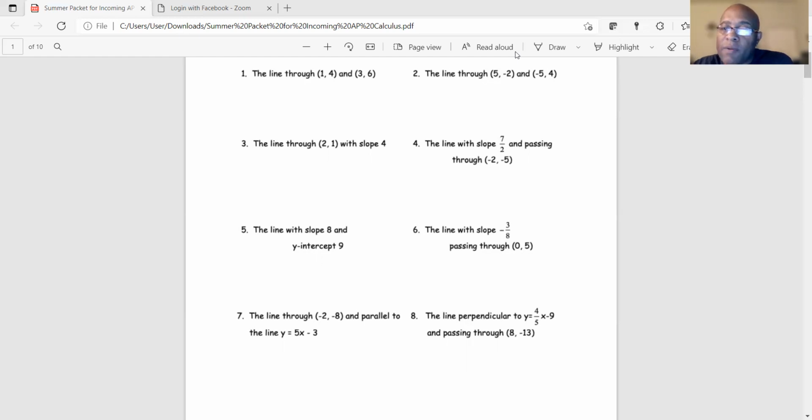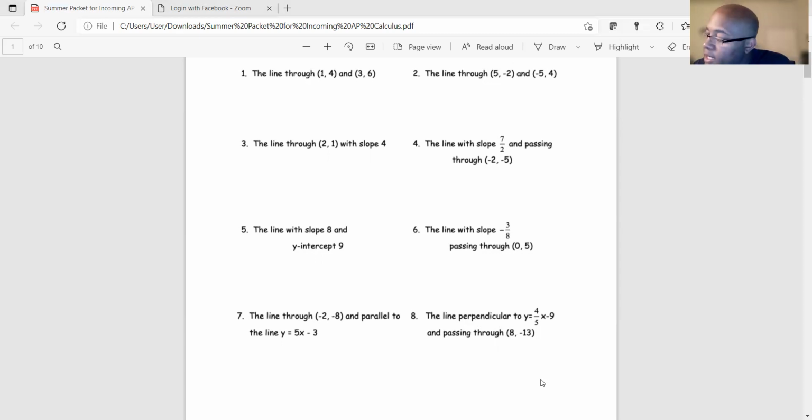The problem says they want the equation of a line in slope-intercept form and point slope form that's going to be perpendicular to this line, but it passes through this point. So it's got to be perpendicular.